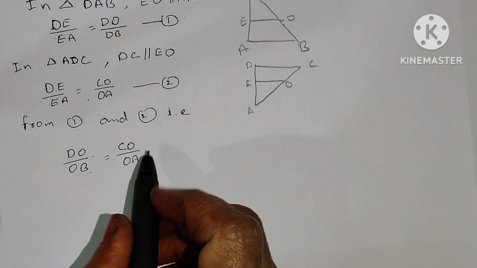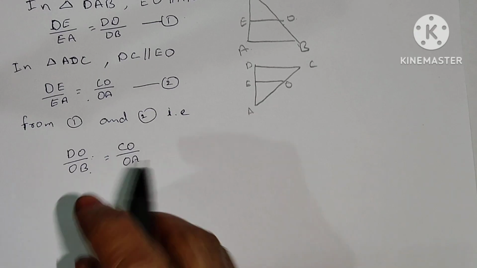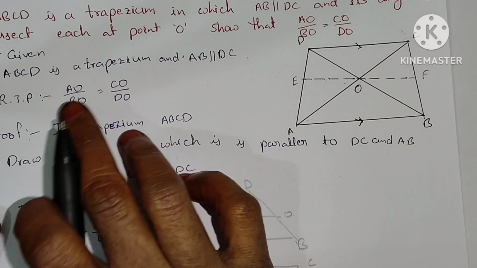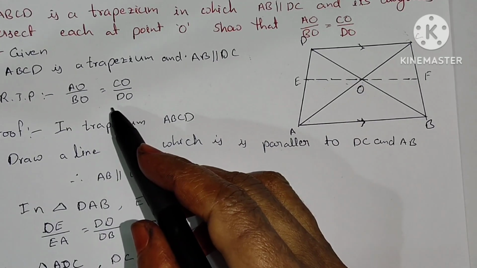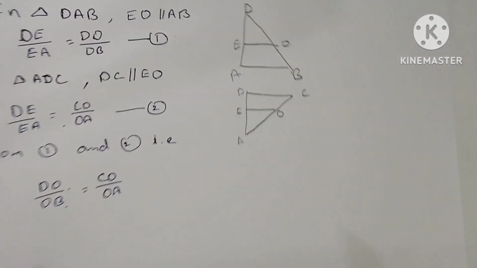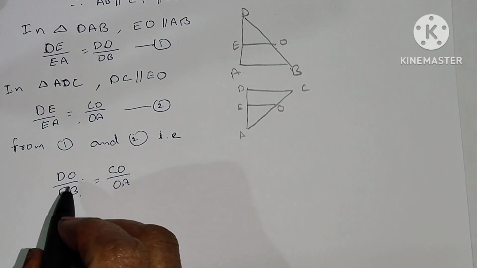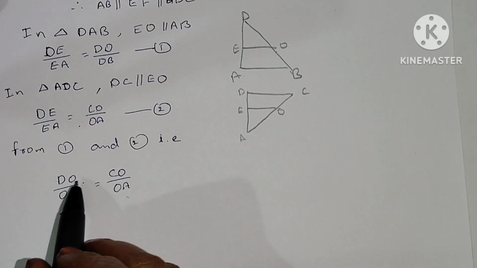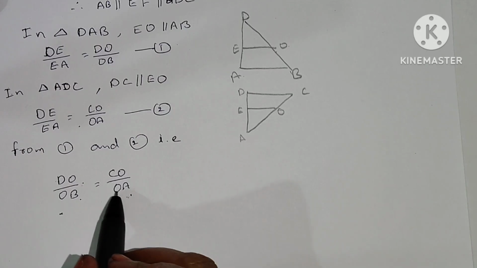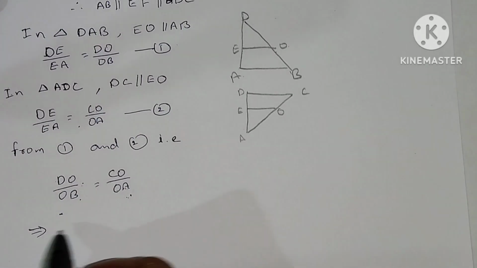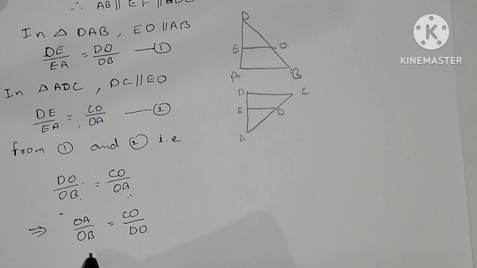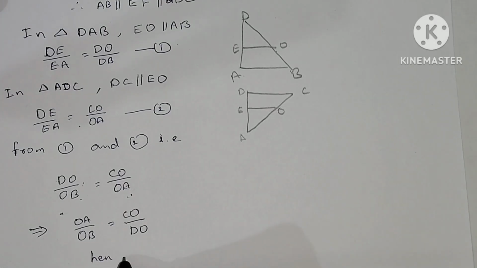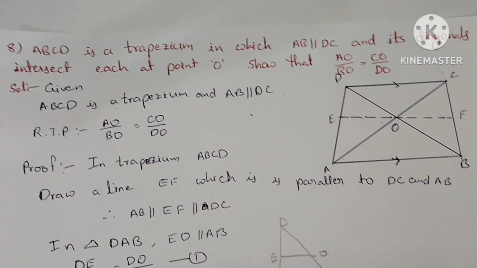We write the reciprocals, carrying DO to the right hand side and AO to the left hand side. That implies OA by OB equal to CO by DO. So this is the required proof. Here ends the proof. This is the complete solution of the 8th one.